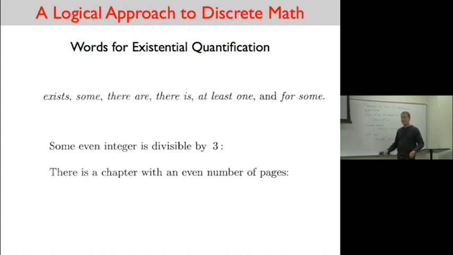Now it's interesting because "for some" sounds kind of like a plural, right? But it really means for some one. "There are" is also plural, but it really means there are one or more.